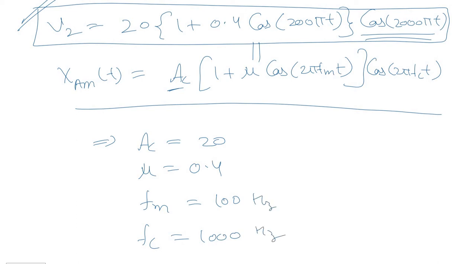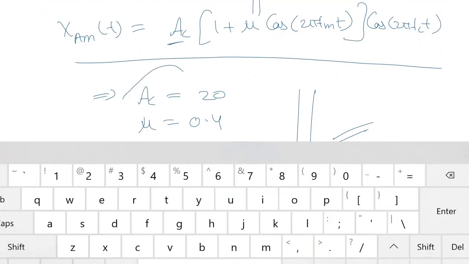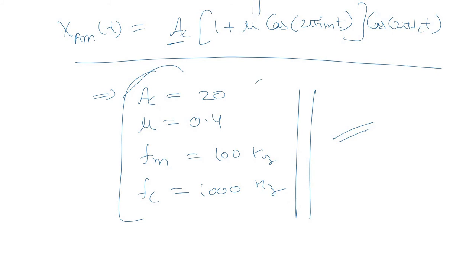Now, since we have this critical information with us, we can easily find out other things like power, efficiency, transmitted power, and we can easily plot the spectrum of this modulated signal as well, right? And you can verify these things. These were already available to you through the block diagram.